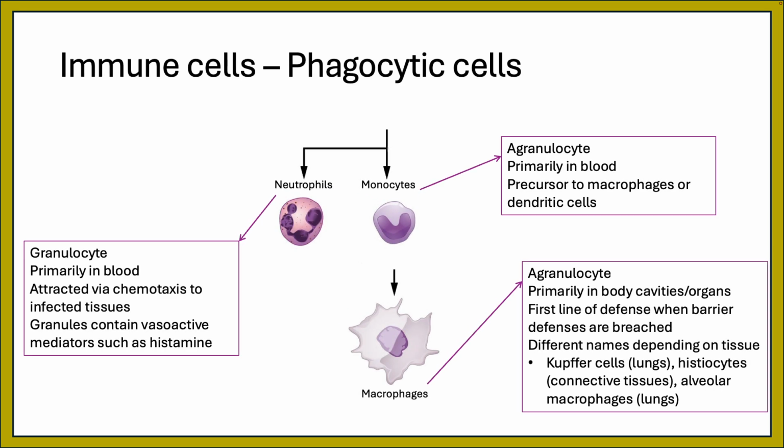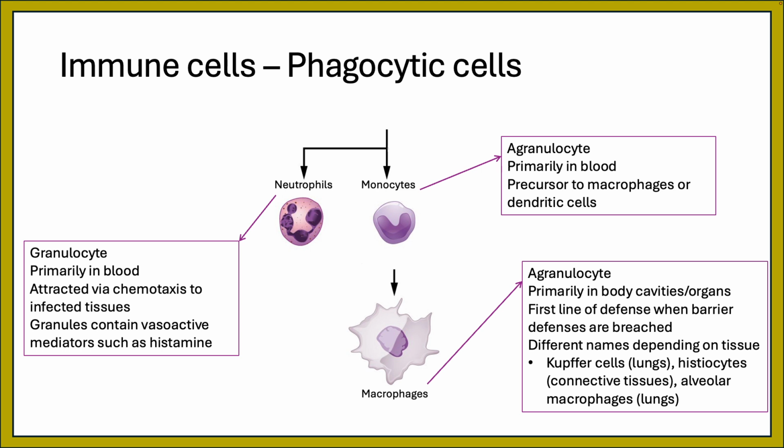All right, the phagocytic cells include the neutrophil and the macrophages. The neutrophil is a granulocyte. It primarily is going to act in blood and is going to be one of the first lines of defense that the body has. The macrophages are derived from monocytes. These are both agranulocytes.